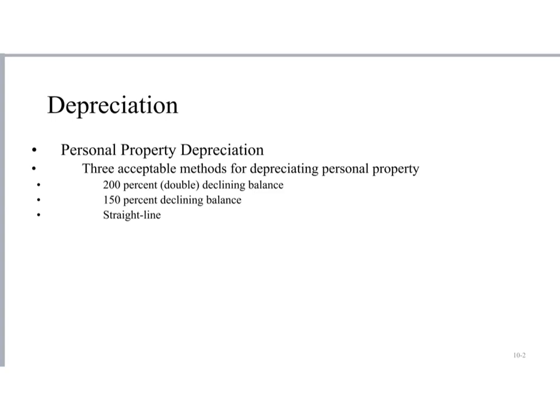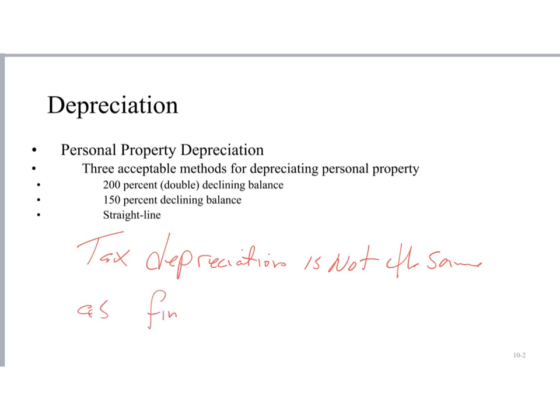Remember, when we're talking about depreciation in this class, we are talking about tax depreciation, and this is not necessarily the same as financial accounting depreciation. In financial accounting, you can use whatever system of depreciation you want as long as it's systematic and rational. The tax code does not allow for those types of options.